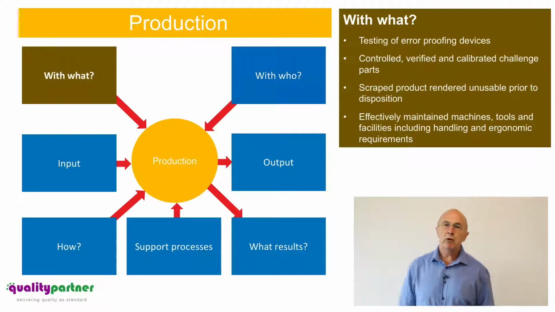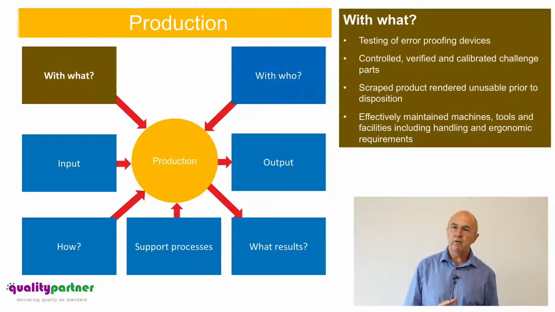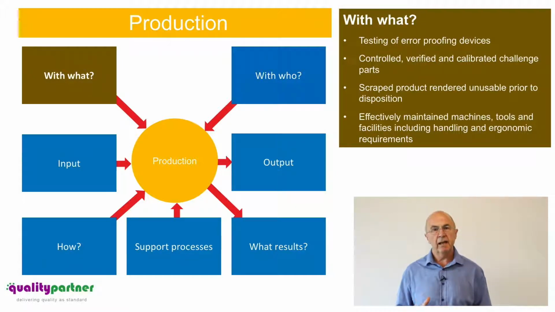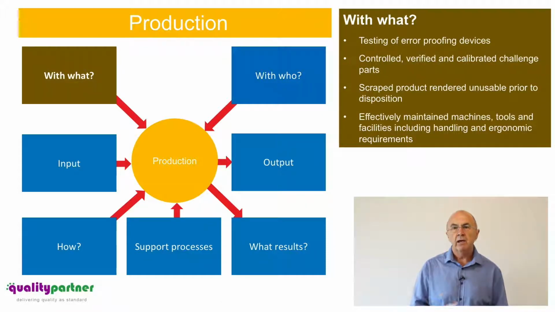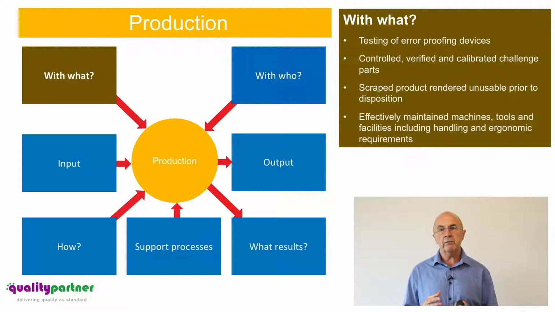Now let's think about the with what part of the turtle diagram for production. So the first thing that we need to think about is if, as part of design and development, we build error-proofing devices into the process, we need to make sure we have a formal system to make sure those error-proofing devices are working. So we need to make sure that we've got controlled, verified, and where applicable, calibrated challenge parts, rabbits or master samples as they're sometimes called.